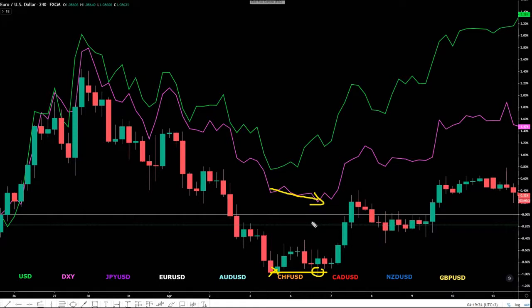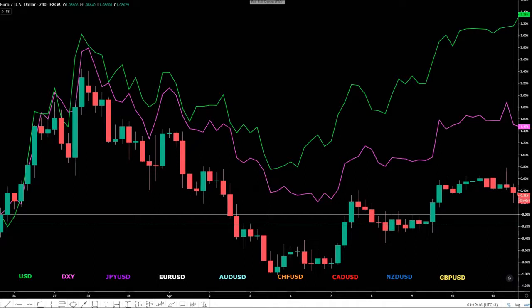Why is that? Because the weighting of the euro in the DXY is almost 60%. That's what I was trying to say, okay? So essentially, the movements in the Euro US dollar are almost always going to be a copy of that of the DXY, or the other way around.